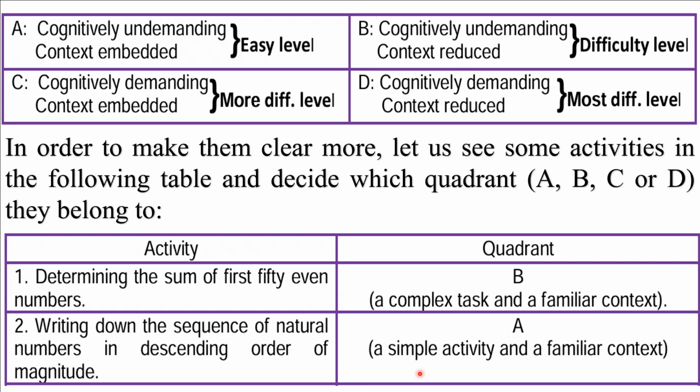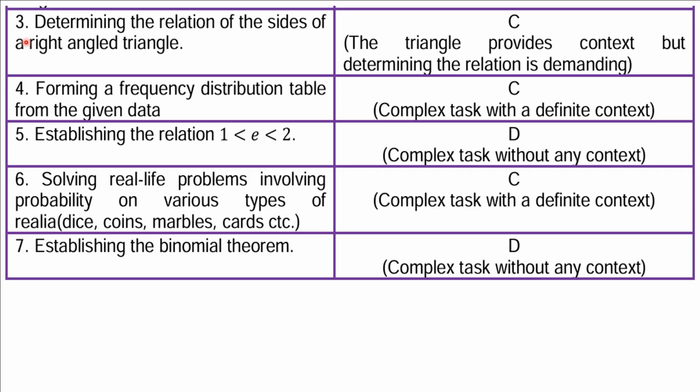Quadrant A. A simple activity and a familiar context. 3. Determining the relation of the sides of a right-angled triangle. Quadrant C. The triangle provides context, but determining the relation is demanding. 4. Forming a frequency distribution table from the given data. Quadrant C. Complex task with a definite context.